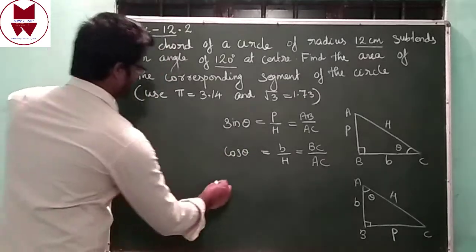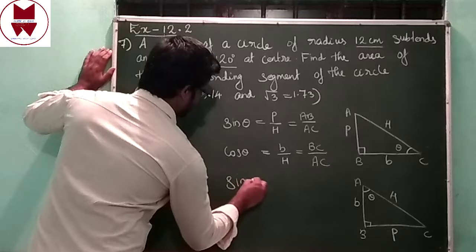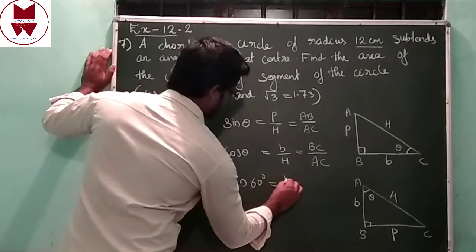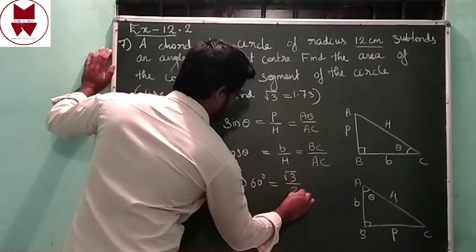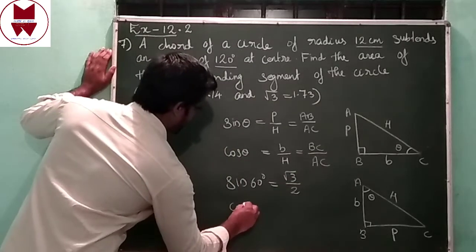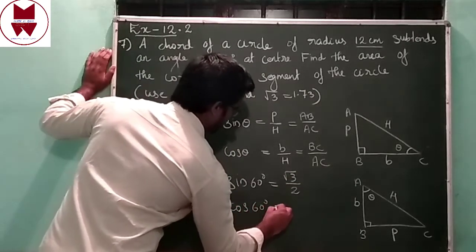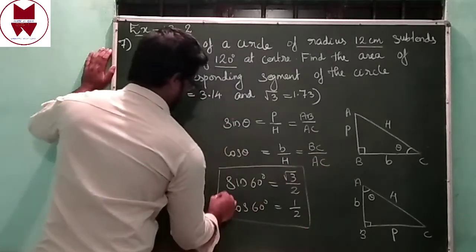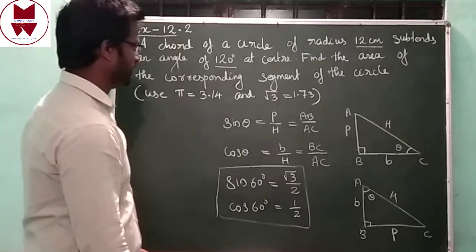Another thing: the value of sine 60 degree is root 3 by 2, and the value of cos 60 degree is 1 by 2. These two values should be learned by heart.